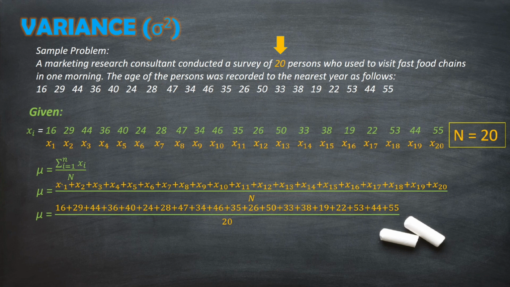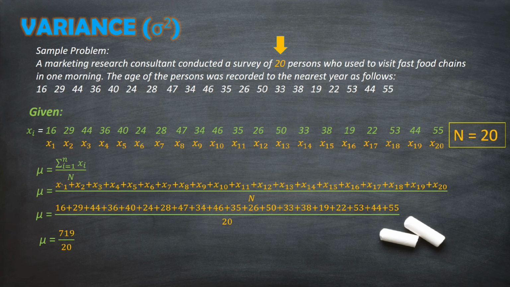You can see on the screen that we substitute our x sub 1 up until our x sub 20, divided by our population size, the big letter N, equals 20. This is how easy it is if you already labeled your x sub i's. Now, let's get the summation of our x sub i's, starting from 16 to 55.